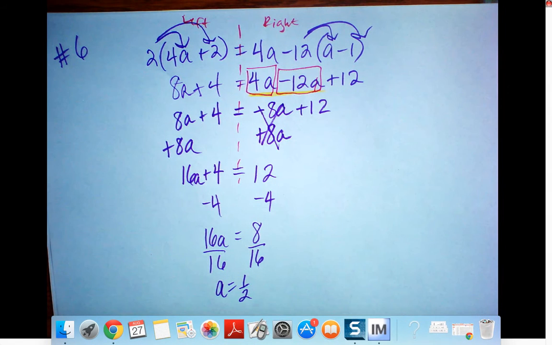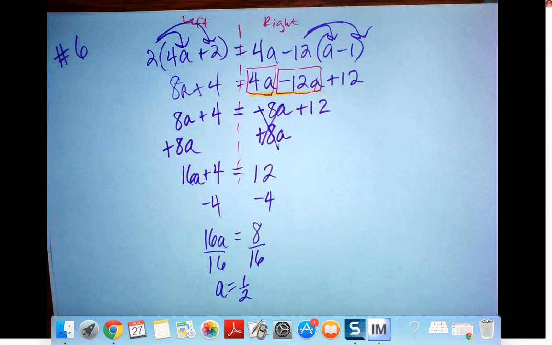I tell my students, always try to keep your answer in fraction form, because sometimes you might get decimals that repeat, and if you write that decimal as a decimal in your problem, then that doesn't represent the entire value of that number.